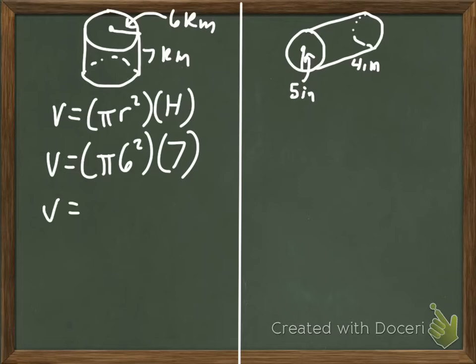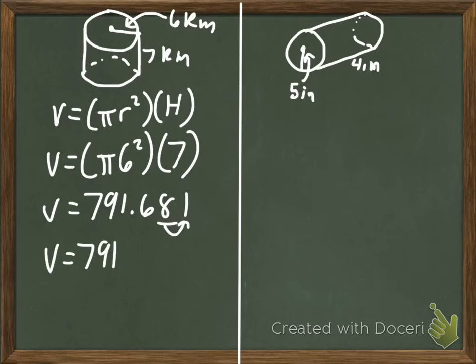So we just need to put that into our calculator, and we get 791.681. We're rounding to the hundredths place, so the volume is 791.68 kilometers cubed. Okay, so go ahead and do the one on the right. Pause the video and do that now.